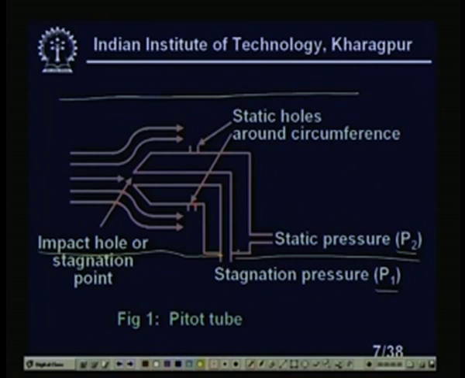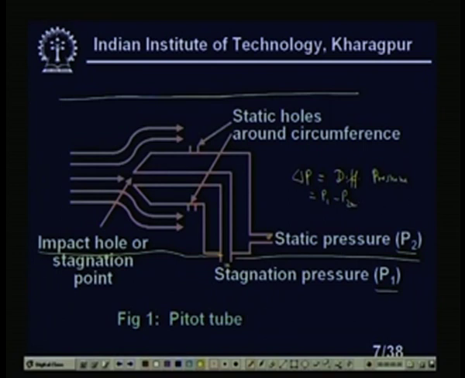This minus this, pressure P1 minus P2, will give you the differential pressure. As the flow velocity increases, P1 will increase, obviously delta P will increase. What will happen? You see the delta P differential pressure is equal to P1 minus P2, right.